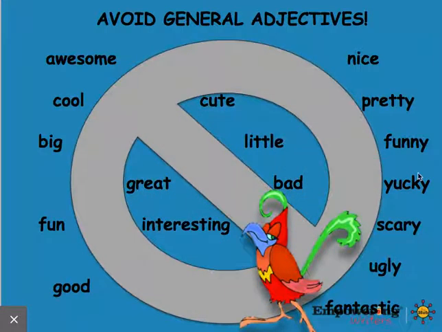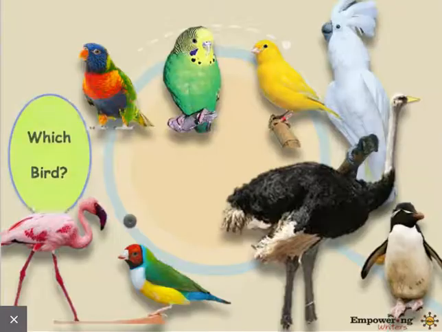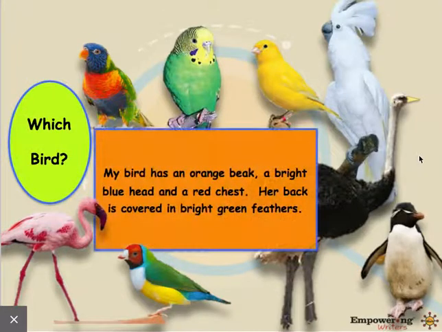So when we're writing elaborative detail, we want to avoid general adjectives. And general adjectives are adjectives that don't really tell us a lot about the character, the object, or the setting. So like awesome, or great, or bad, or nice, or pretty. They don't really give us a lot of information. Now read this description.